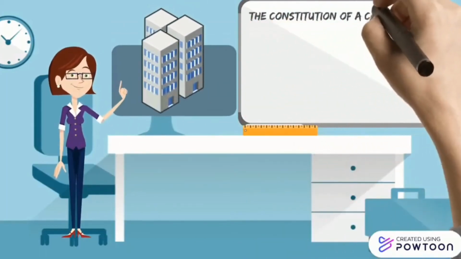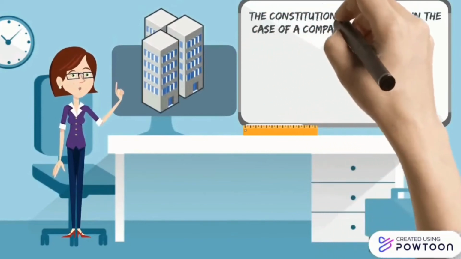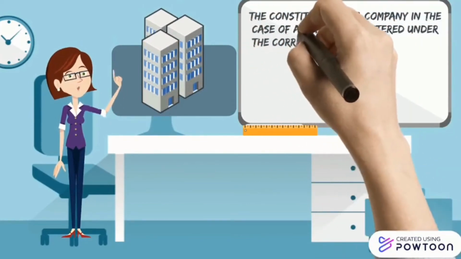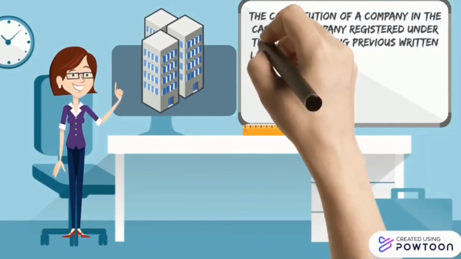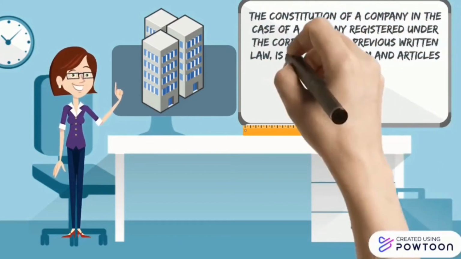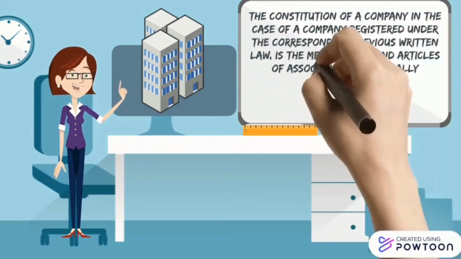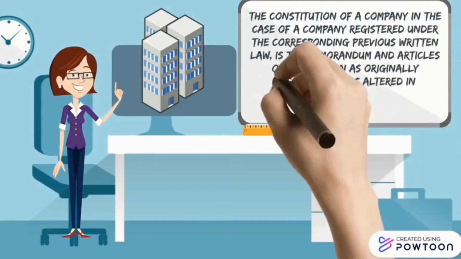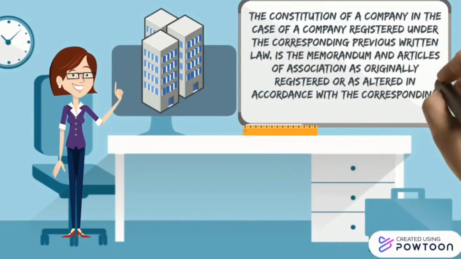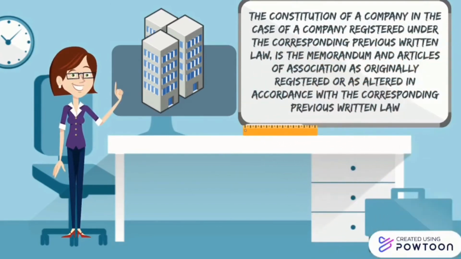Lastly, Section 34C. In the case of a company registered under the corresponding previous written law, it is the Memorandum and Articles of Association as originally registered or as altered in accordance with the corresponding previous written law.